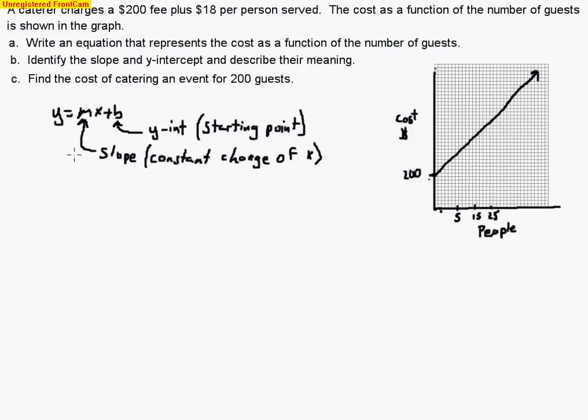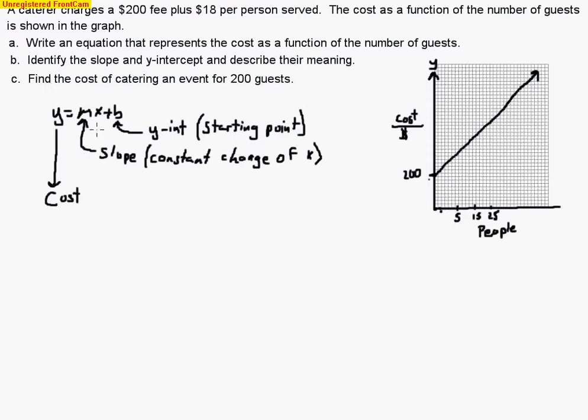And so when we think about this, our y values are going to represent what it does on the y-axis. This is our y-axis, and y values are cost. So we're going to have cost here. So I'm going to put a variable in place of this. I'm going to call this one, maybe instead of y, I'm going to call this c. C for cost. And so c is going to represent my cost.